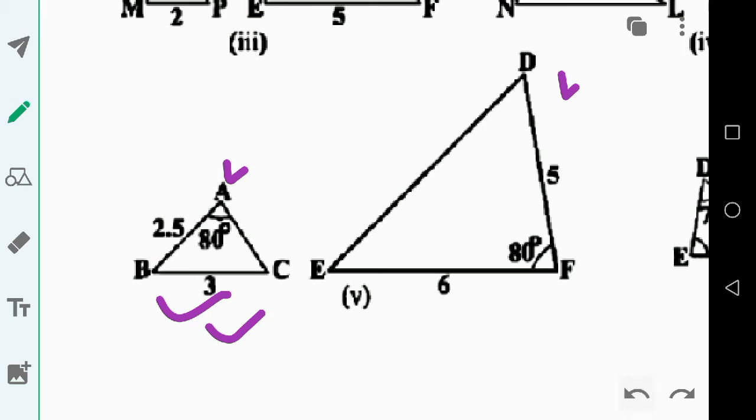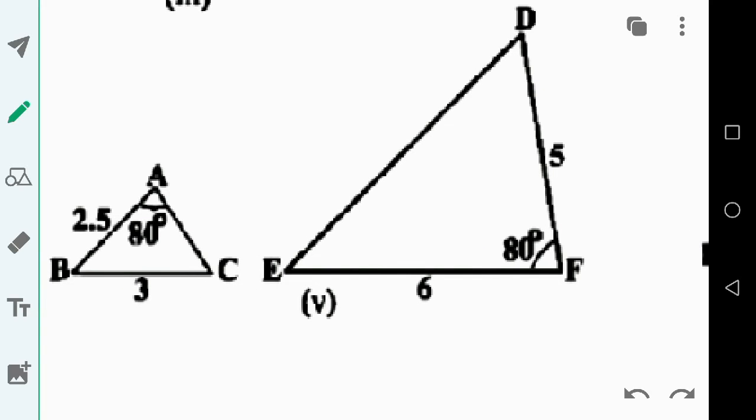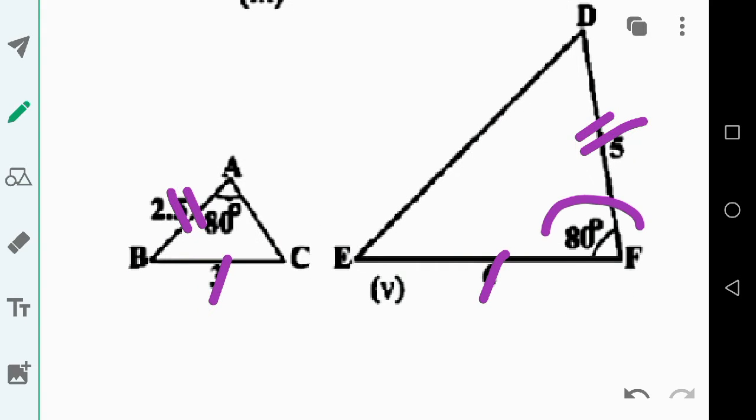But here you see this angle 80 degrees, which is the measure of angle F, is equal to angle A. As we have taken the ratio between these two sides equal to the ratio between these two sides, but this angle is not equal to this angle.